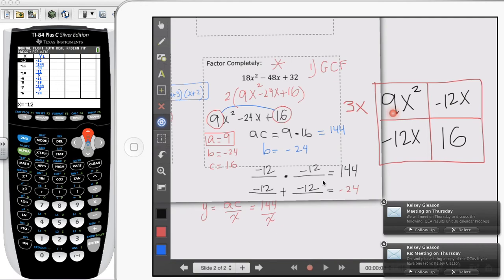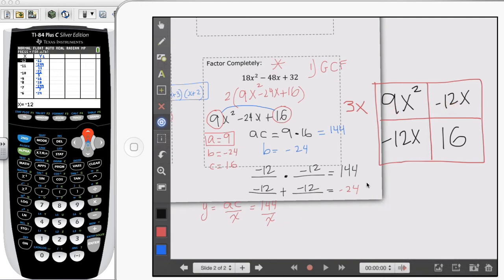As you can see, 9 and negative 12, there's a 3 in common between them. So I'm going to put 3x on the outside. Now let's look over here. What's common between negative 12x and 16? They're both even. Now 12, 4 goes into 12 and 4 goes into 16. So 4 is my common number, okay?